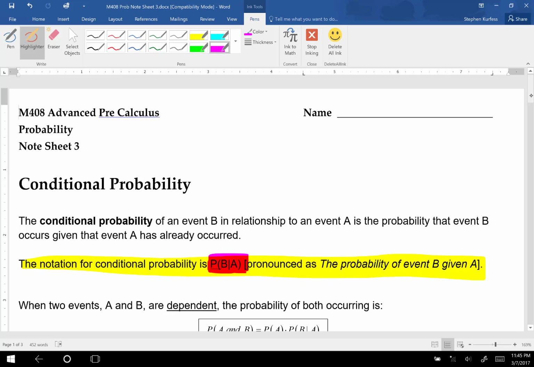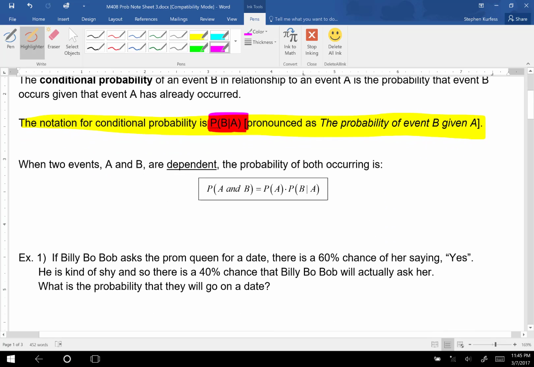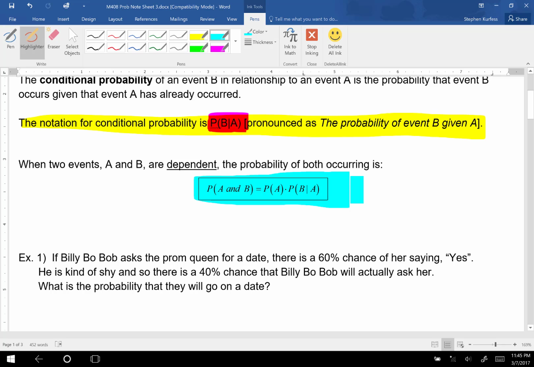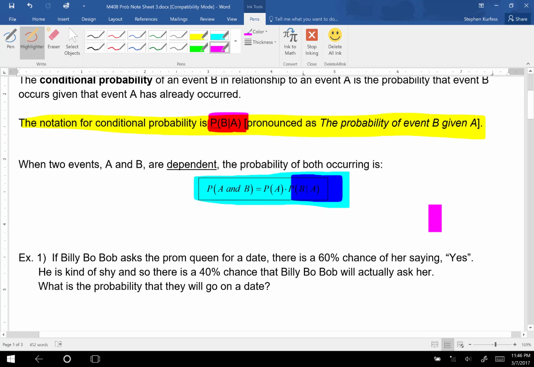And when two events A and B are dependent on each other, the probability of both occurring is, and here's your nice little friendly formula which you definitely want to highlight: the probability of A and B is the probability of A times, instead of just the probability of B, the probability of B given that A has occurred already.